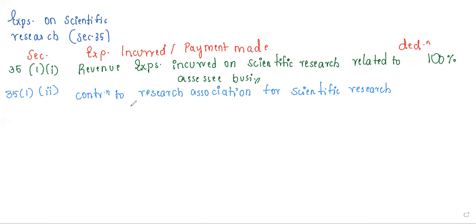So you're making some contribution to a research association, just for scientific research purposes again. And here also the allowable deduction is 100% in this situation.